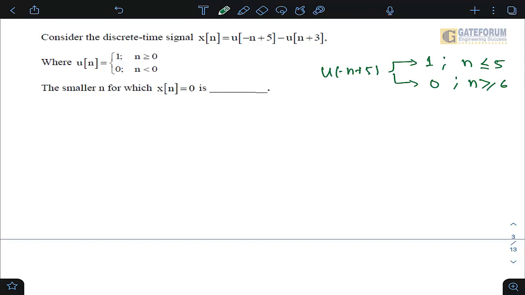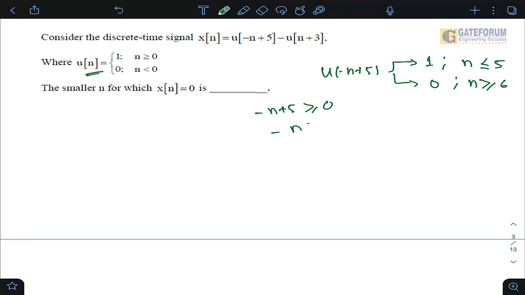I get this either by scaling and shifting, or by the definition: whenever the term inside the bracket is greater than or equal to 0, you get 1. So whenever minus n plus 5 is greater than or equal to 0, I get 1.